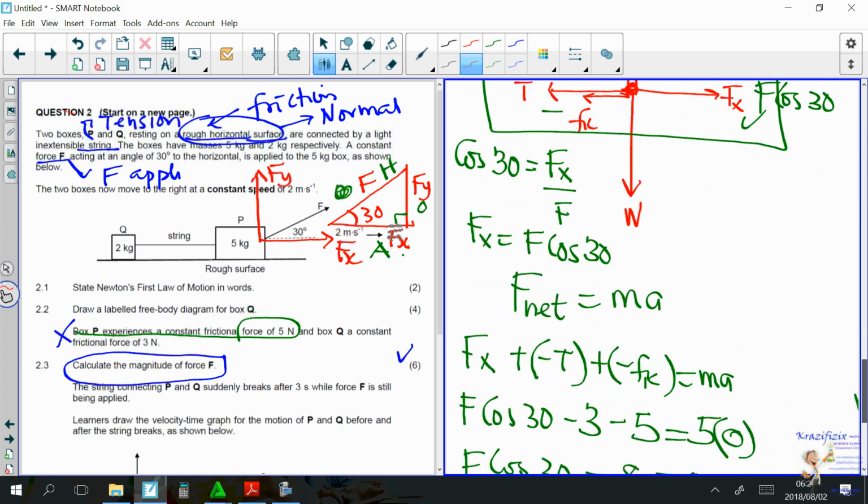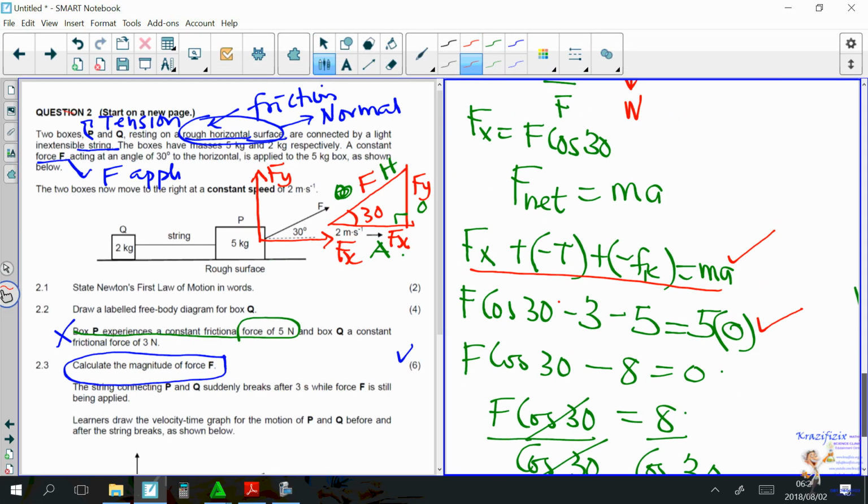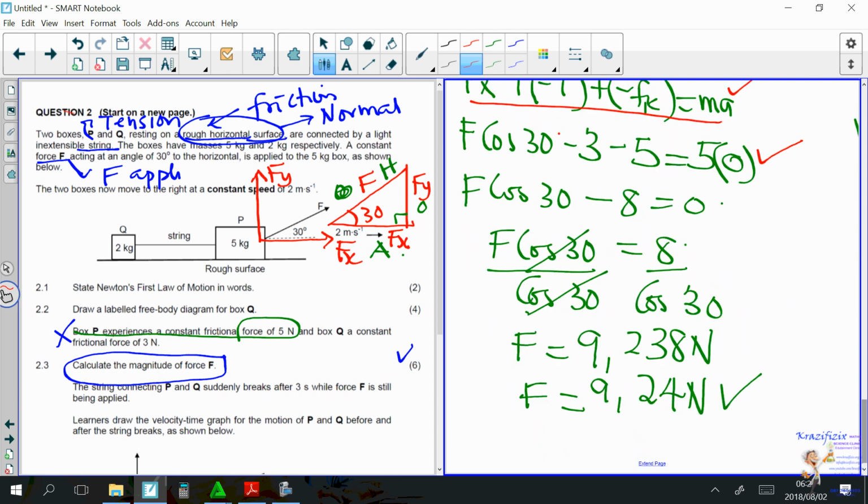We'll get the remaining 3 when you do your resolving. F cos 30 minus 5 minus 3 should give you 0. You get a mark there. By the way, for doing this again, you get your mark because the formulas are now different. That's 2 marks, and then your final answer with a unit, you get the 6 marks. Done. 6 marks done there. All right.